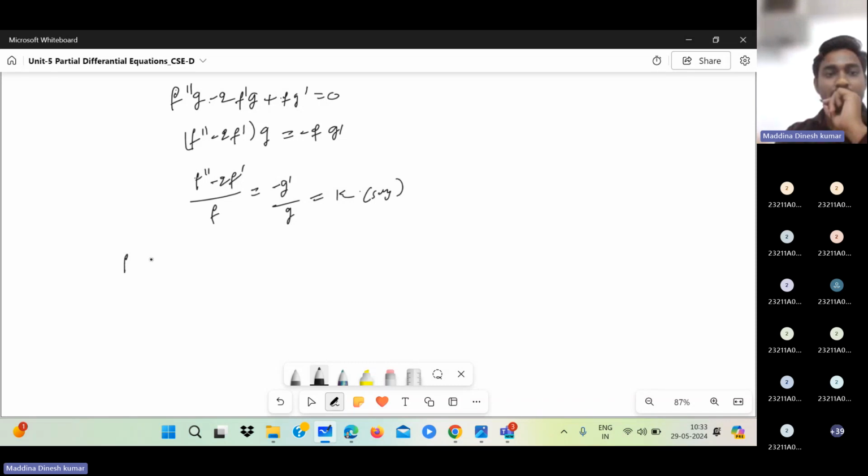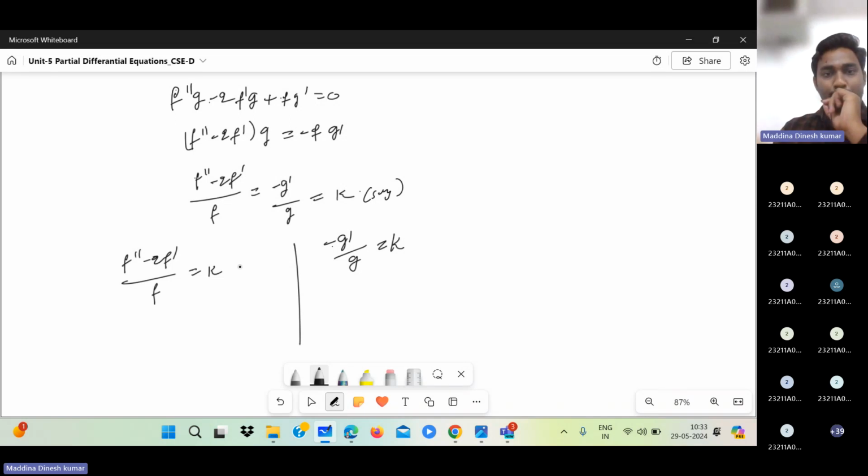f double dash minus 2 f dash by f equal to k. That is, minus g dash by g equal to k.